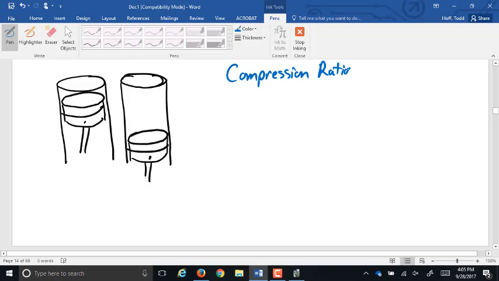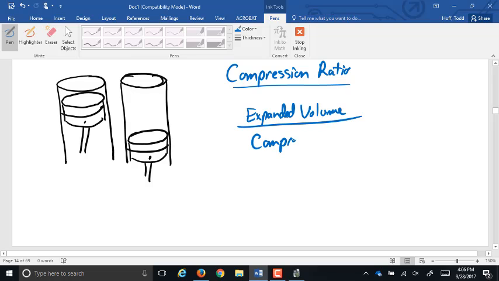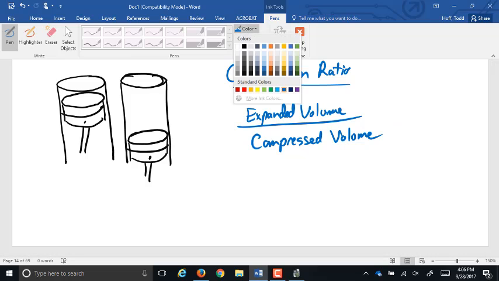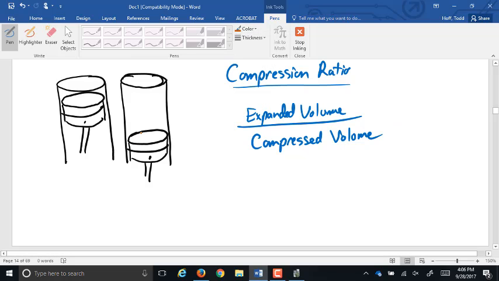And a compression ratio is the expanded volume compared to the compressed volume. So the expanded volume is when the piston is at the bottom of the stroke. When the volume above it is the maximum, let's say that is 480 cubic centimeters in this cylinder.